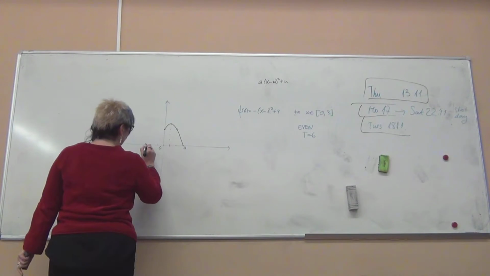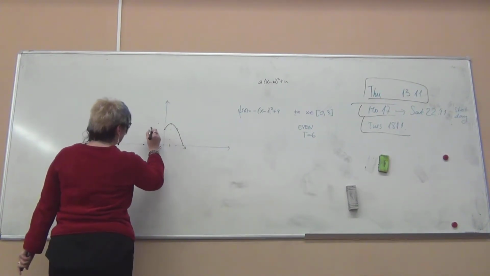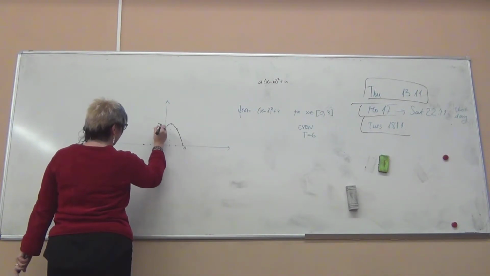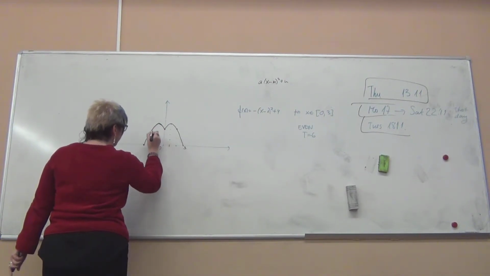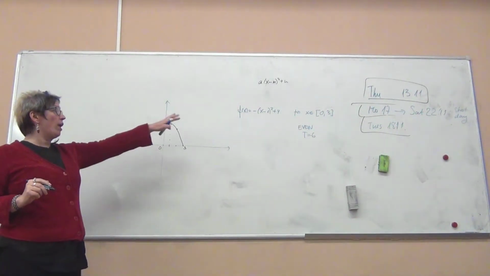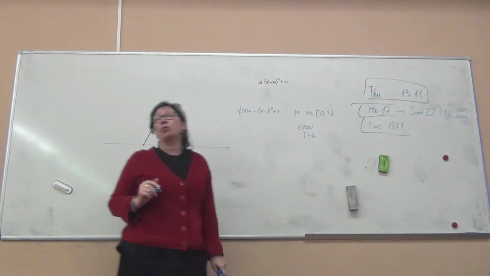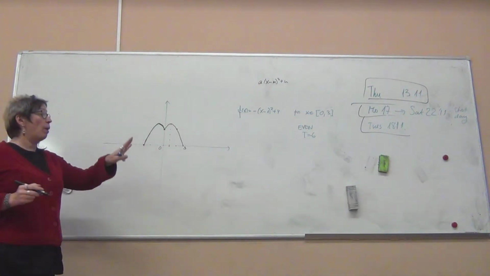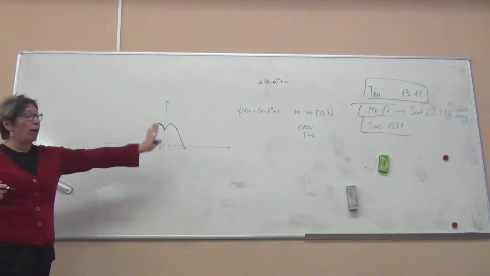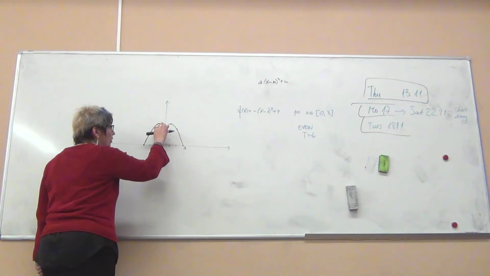So 1, minus 3, 1, something like this. So the first part was to create the fragment of the parabola corresponding to x values from 0 to 3. Second part, the function is even, so I must reflect it in the y-axis to create the other half of this.